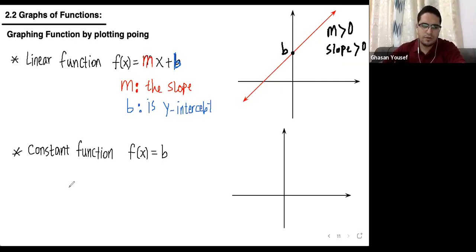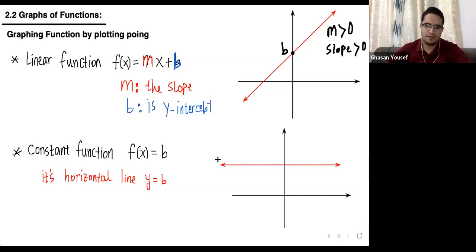This function will be a horizontal line. Here, it is a horizontal line. This horizontal line is y equal b, like this. If b is positive, for example, it's going to be something like that. This is my b.